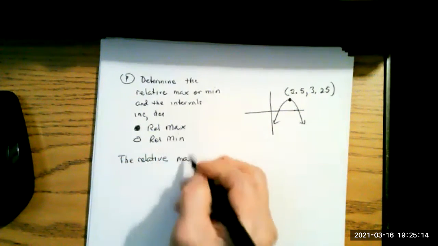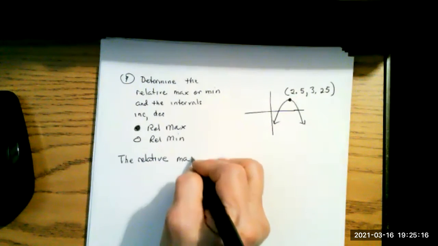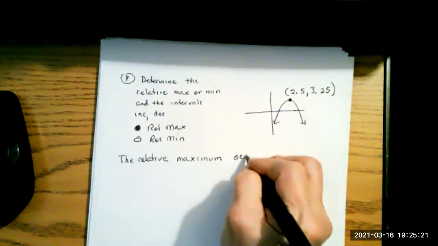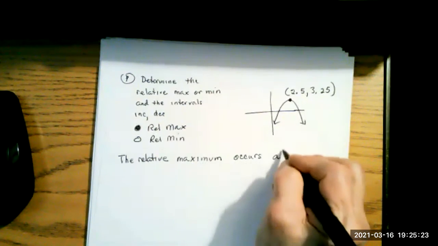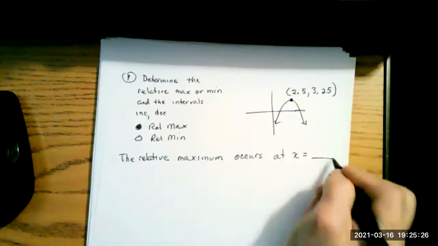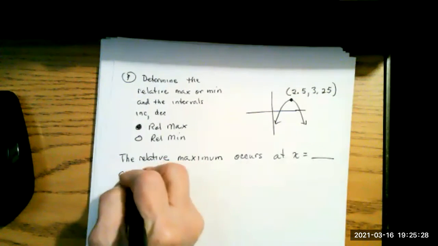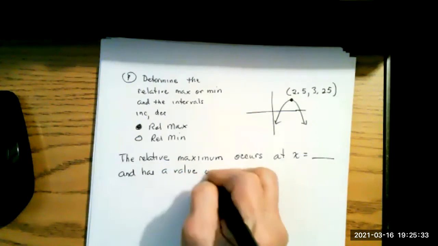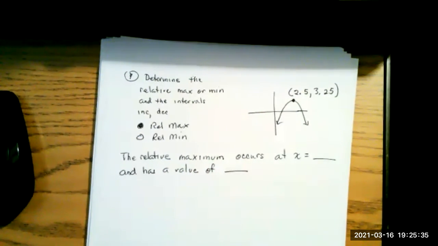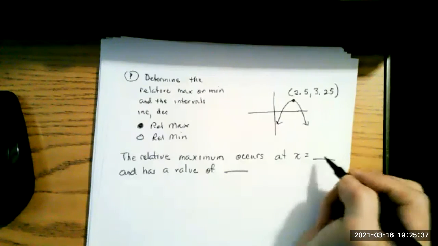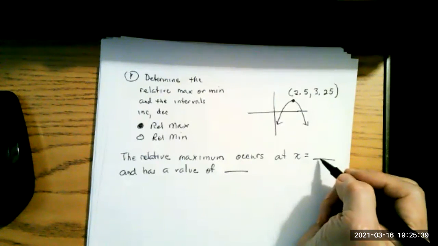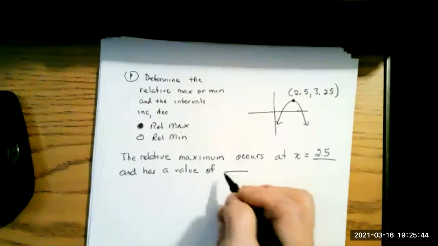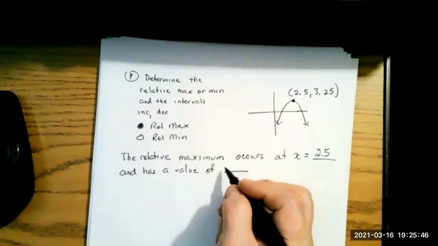Now see, if you didn't know that, you could just read this sentence and it would tell you it's a maximum. Occurs at x equals blank and has a value of blank. So what would we put in this first blank? 2.5. 2.5, good. So what would we put in the second blank? 3.25.